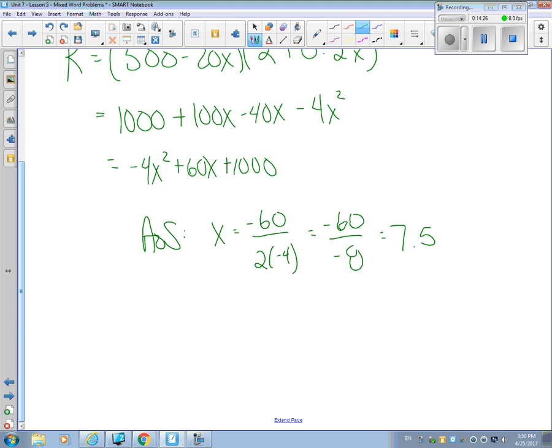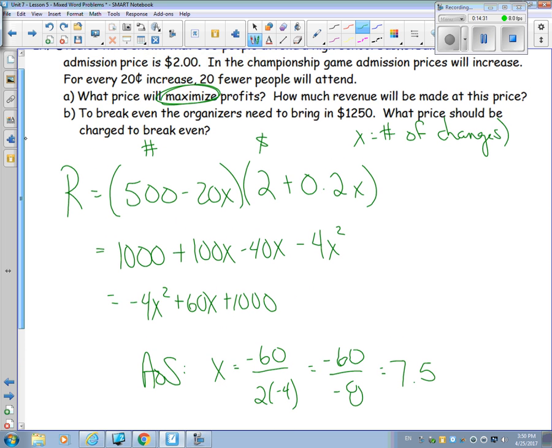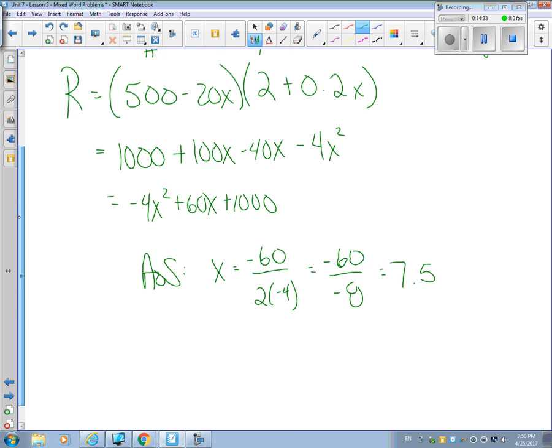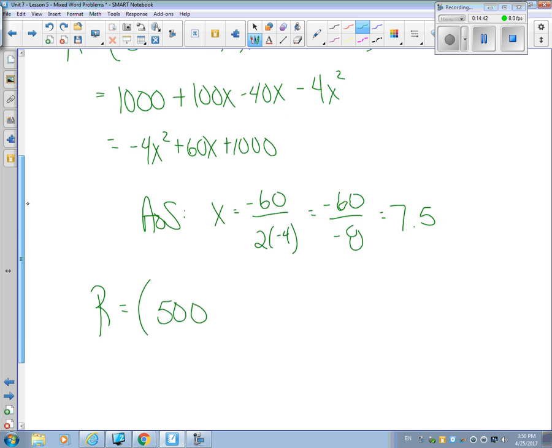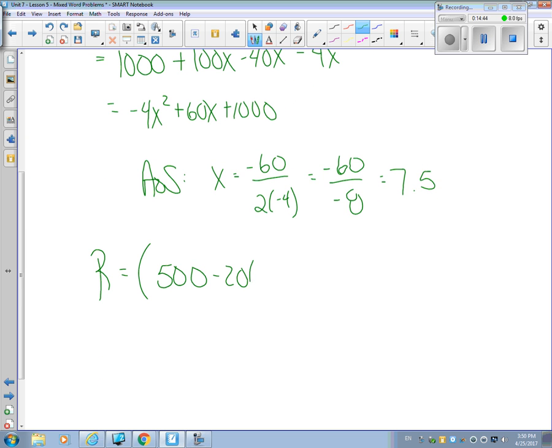Okay, that's how many times I should change my price. So I got to plug that back in. What am I asked to find? What price? What revenue? Okay, so my revenue equals, we started at 500, and we're losing 20 people every time we change the price. We change the price 7.5 times.